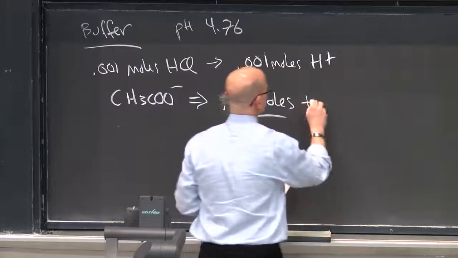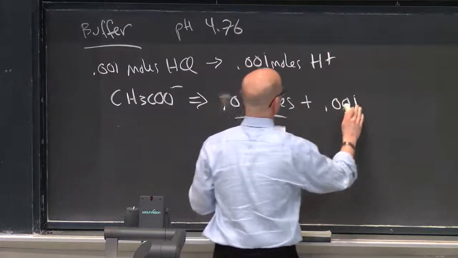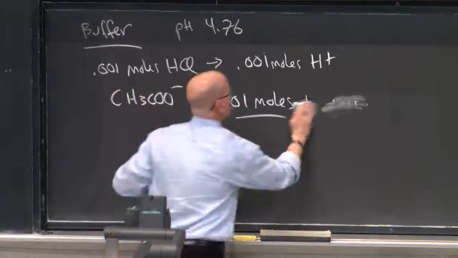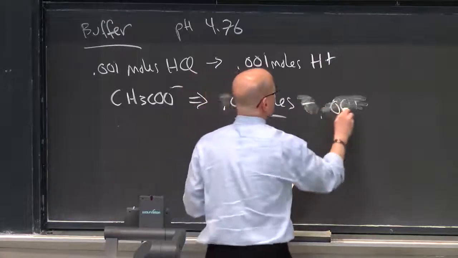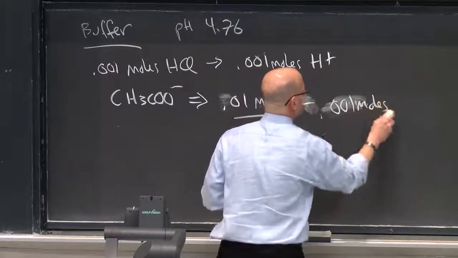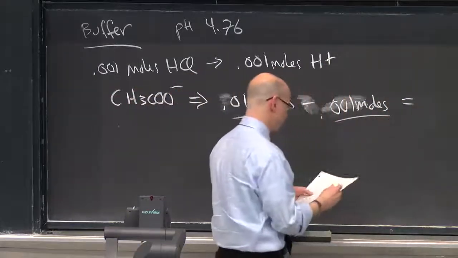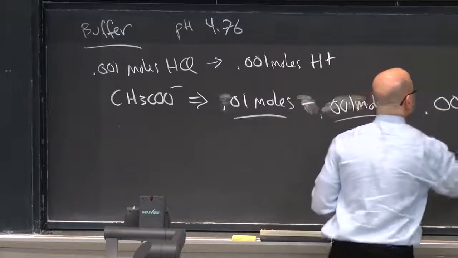And we're going to have to subtract 0.001 moles. Sorry, I apologize. This acetate anion is going to be consumed by that proton. So we're going to lose 0.001 moles of that because it's going to react with this proton. So our final concentration of acetate anion is going to now be 0.009 molar.